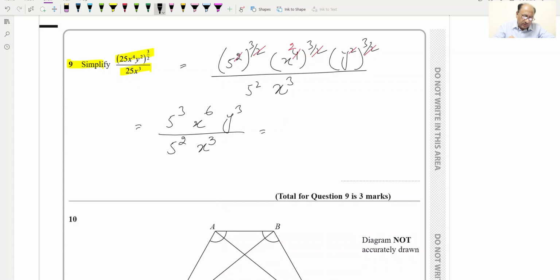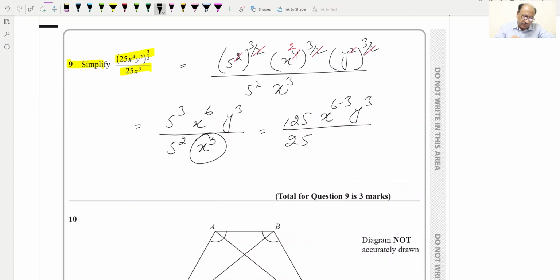Now further we can write 5 cubed will be 125 over 25. This fraction we can extend, and it will be x raised to the power 6 minus 3, and y raised to the power 3.